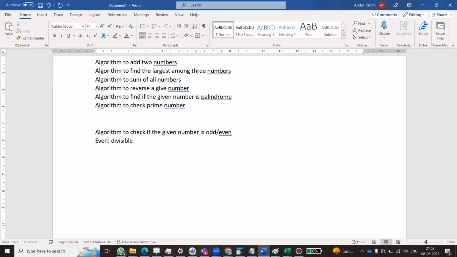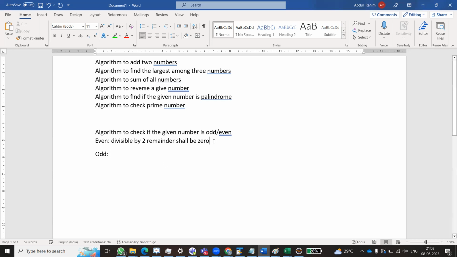Even numbers are divisible by 2, where the remainder shall be 0. And the other way around, odd is the opposite. If you divide, the remainder will not be 0.